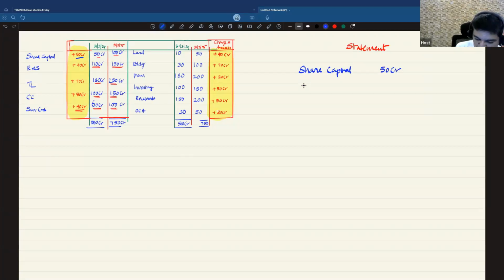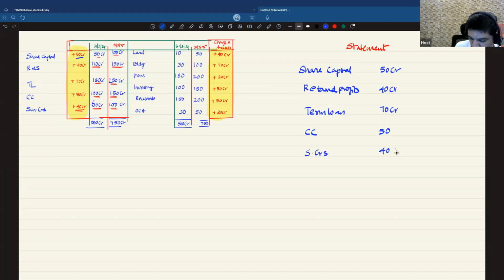How much money had come in because of retained profits? It is 40 crore. Okay. How much money has come because of term loan? It is 70 crore. How much because of cash credit? 50 crore. How much because of sundry creditors?